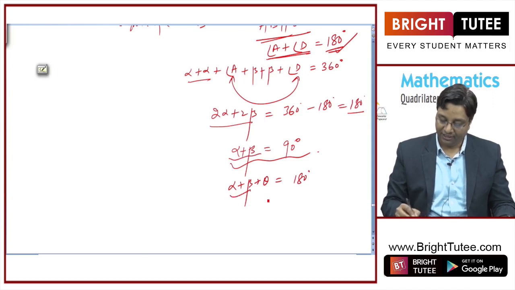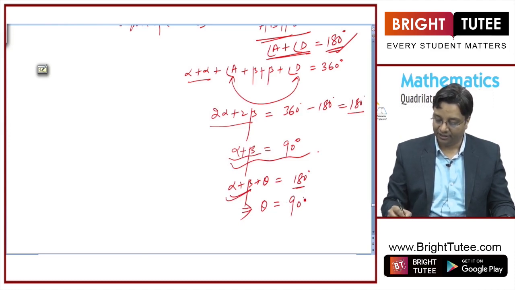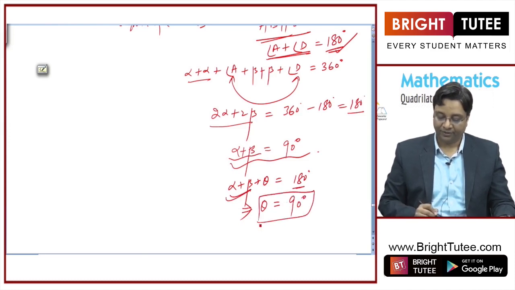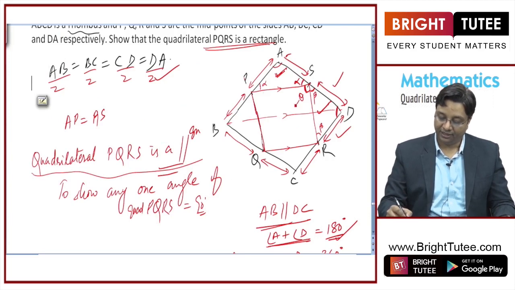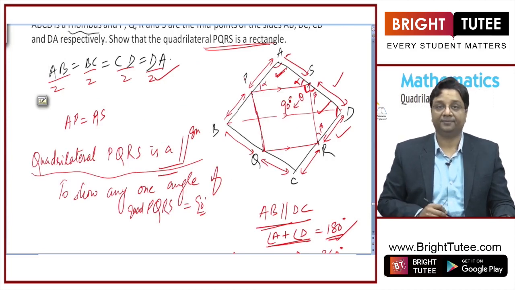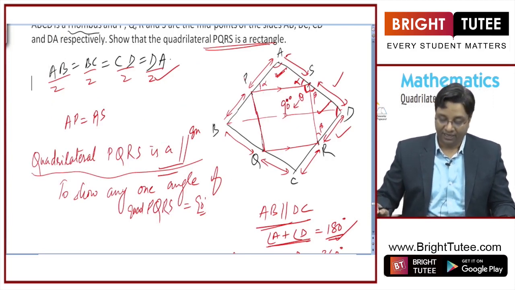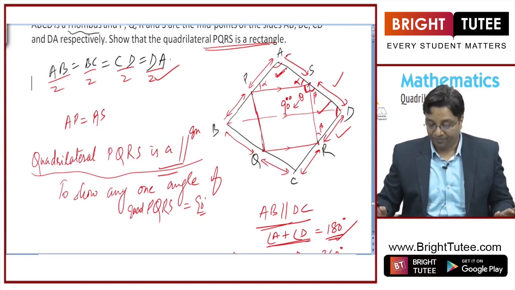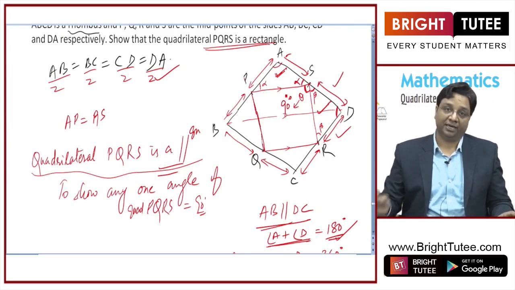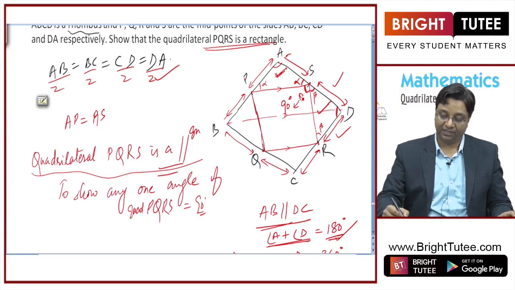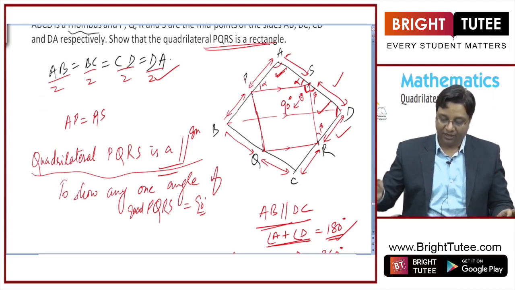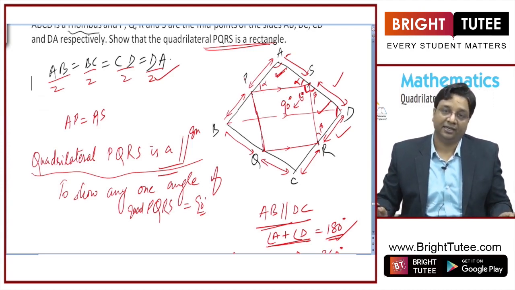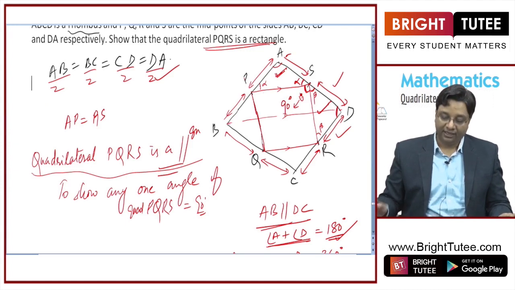Alpha plus beta is 90, so theta is equal to 180 minus 90 degrees, right? Then this angle is 90 degrees, okay? And if we can prove that PQRS is a parallelogram and one of these angles is 90 degrees, now I can definitely say that PQRS is a rectangle, right?